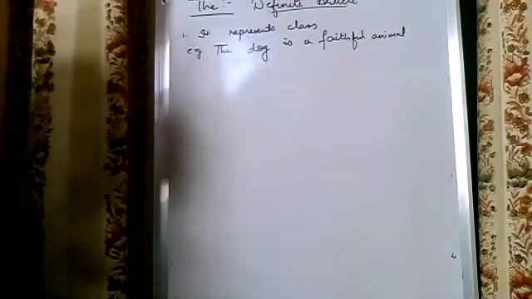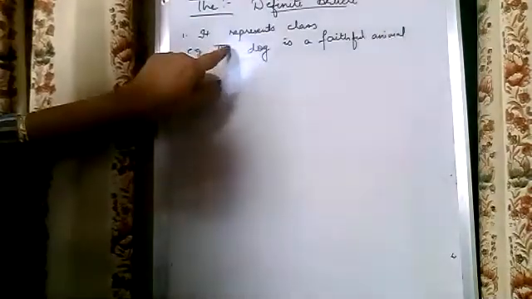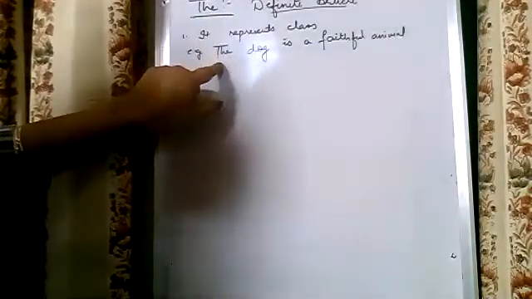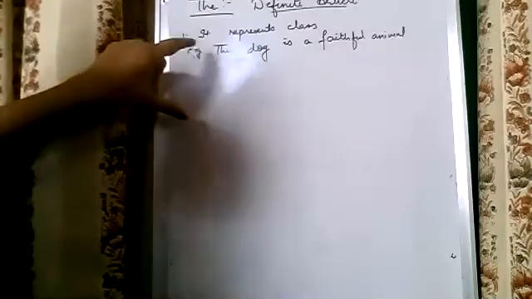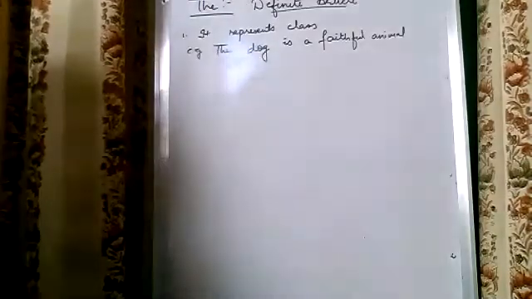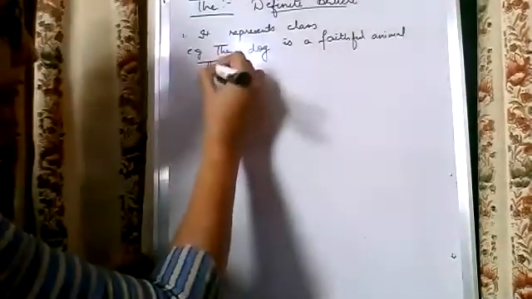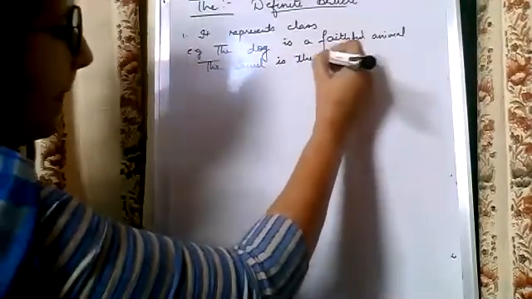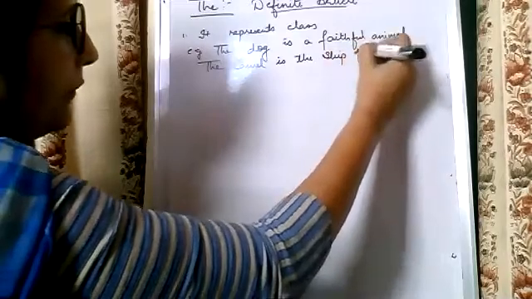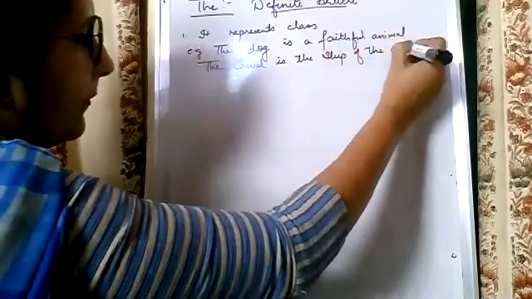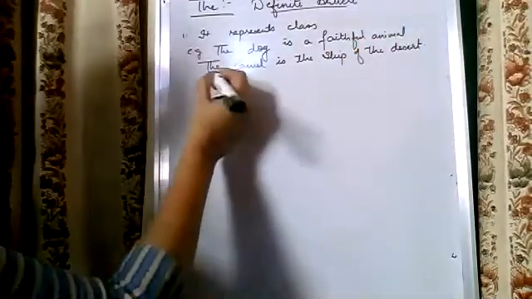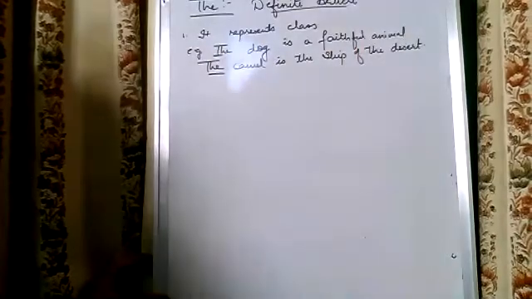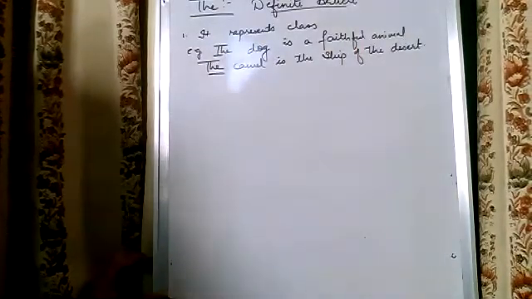This is referring not to one dog, but to the entire category, the entire class of dogs. The camel is the ship of the desert. So here also, the camel means all camels, right?